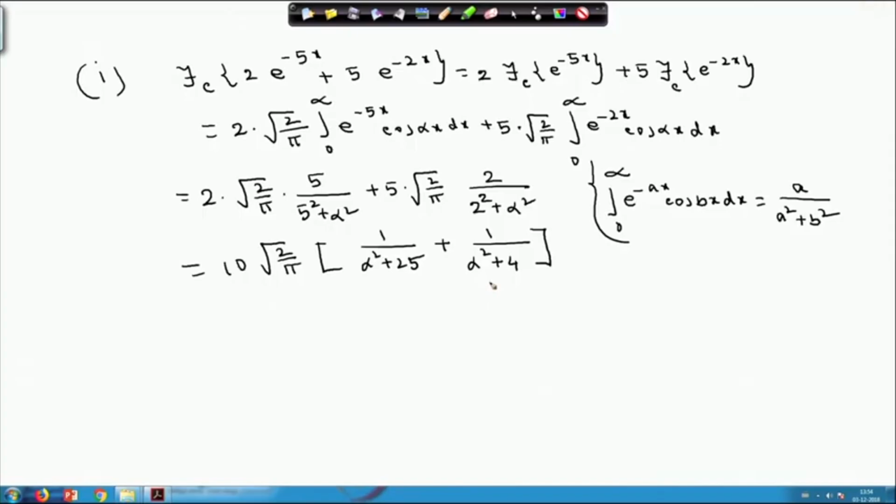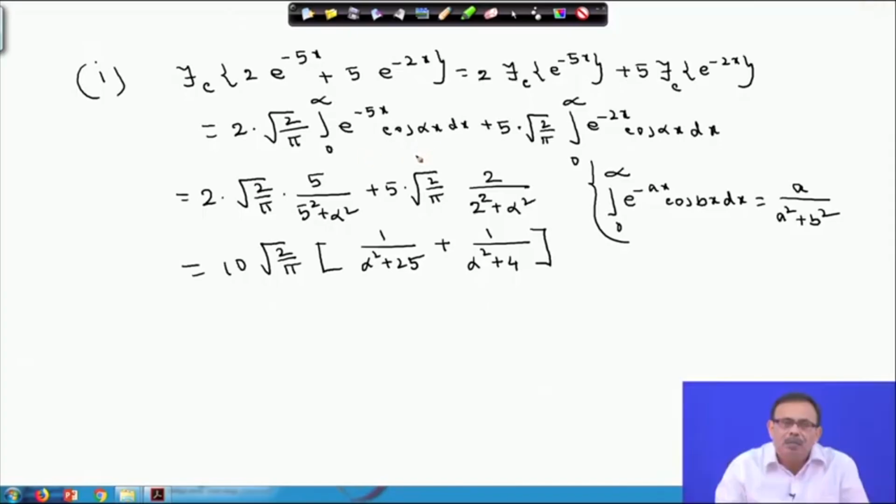Although my integral was a little difficult, the way I have done it using the standard results of integration, I am just substituting the value using the result that 0 to infinity e power minus a x cos b x dx equals a by a square plus b square. I am getting the result very easily over here.